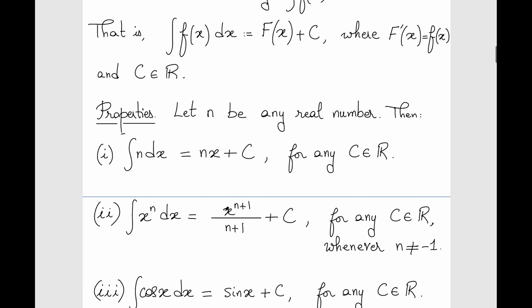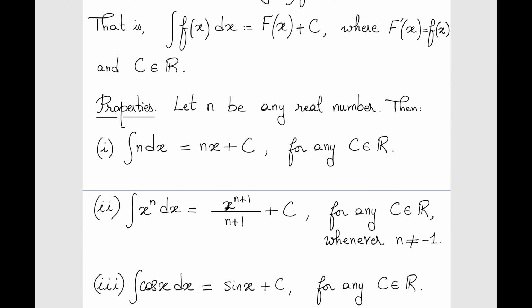So every differentiation rule is going to give us a rule for anti-differentiating. For example, if n is a real number, then the primitive of the function n, this is a constant, what's a primitive function of that constant n?